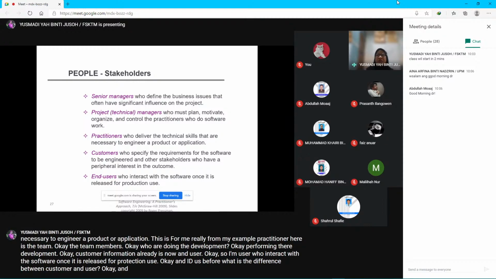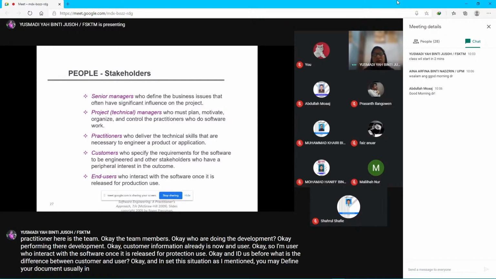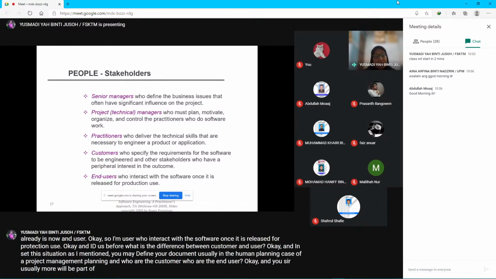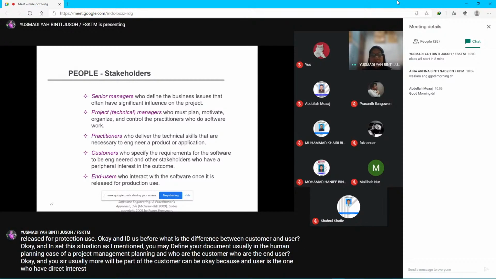In certain situations, as I mentioned, you may define in your document, usually in the software project management planning document, who the customer is and who the end user is. The end user is usually part of the customer, because the end user is the one who has a direct interest in using the software or the application.